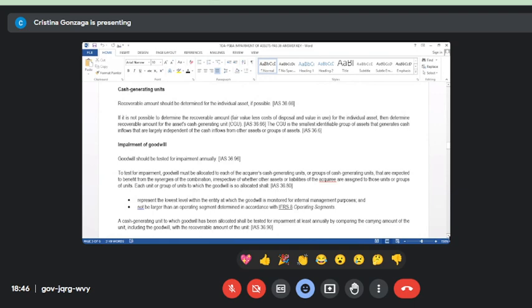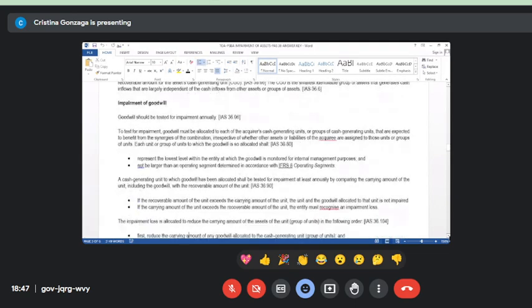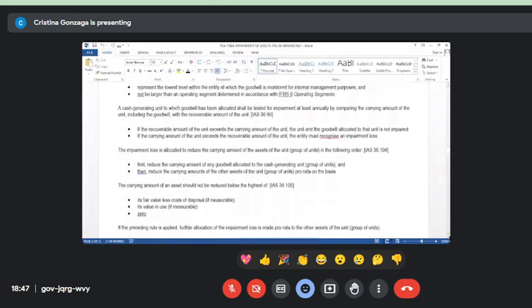Pero if your company is a full PFRS company, hindi SME, then goodwill is only tested for impairment annually, but it is not amortized annually. Ang kapalit niyan, natural, you have to subject goodwill to impairment test annually. Okay. So, yan ang pinagsasasabi dyan.